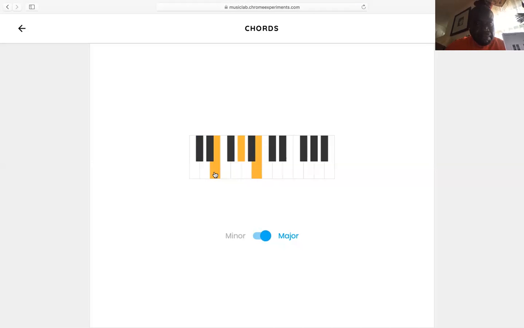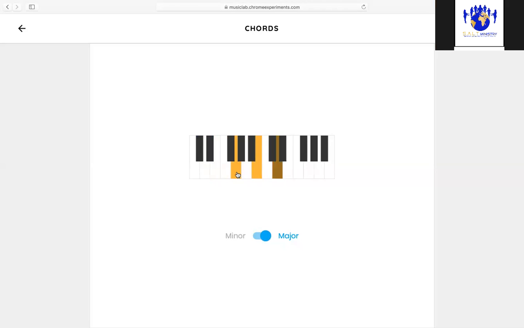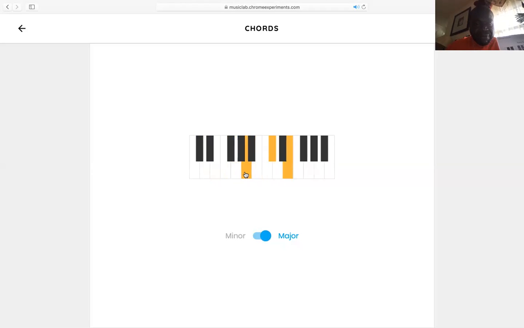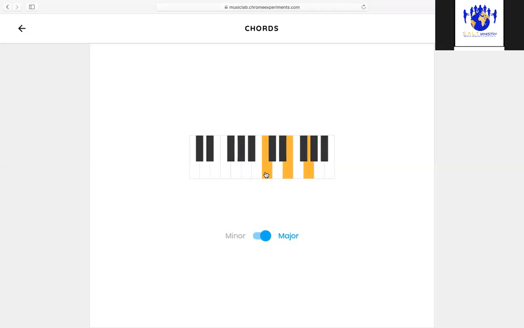E. Next is F. The next chord we have is G. Then we have A. Then we have B. Then we end up at C major again. All of those are major chords. And that's the C scale.